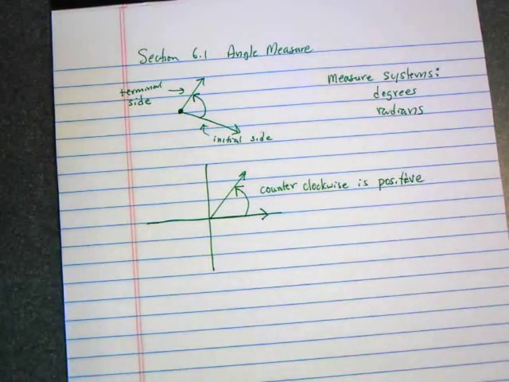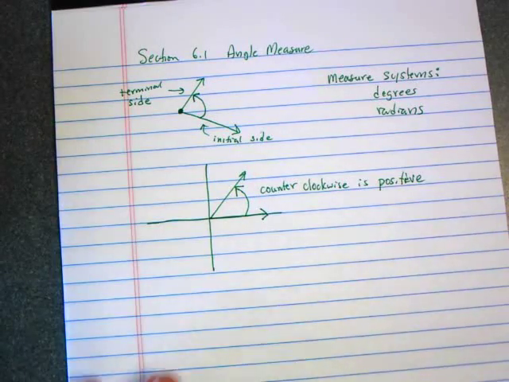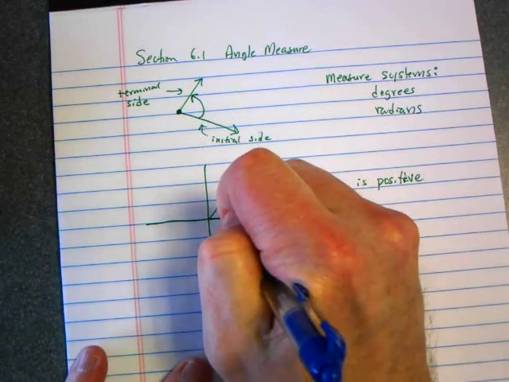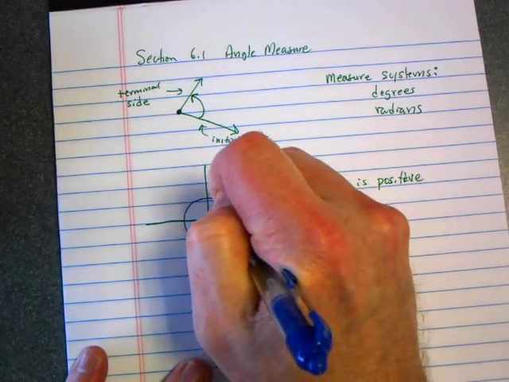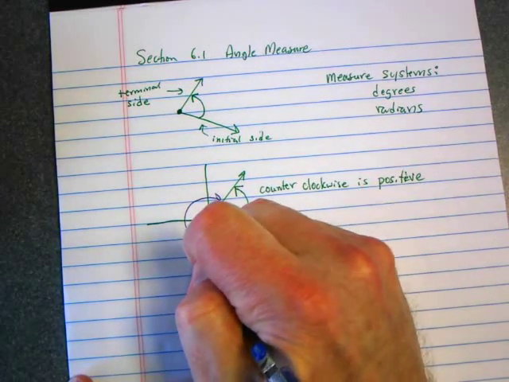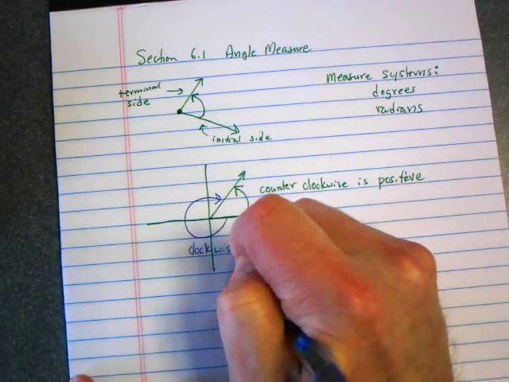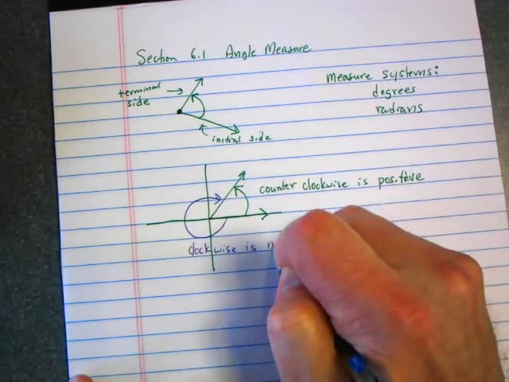On the other hand, if we measure it clockwise, we consider that to be negative. So notice this angle, I could measure it two different ways. I could measure it as a positive angle. I could measure it as a negative angle. Clockwise is negative.